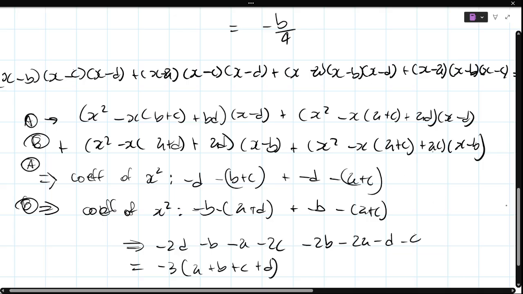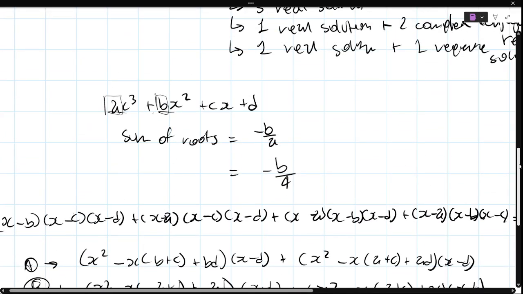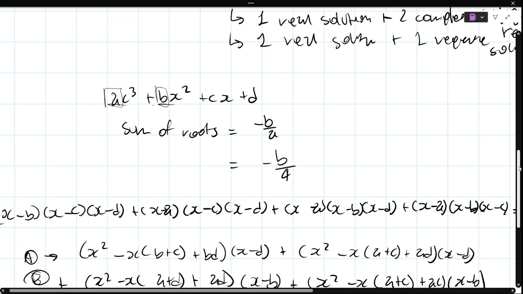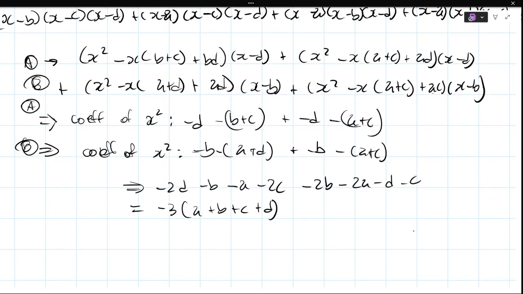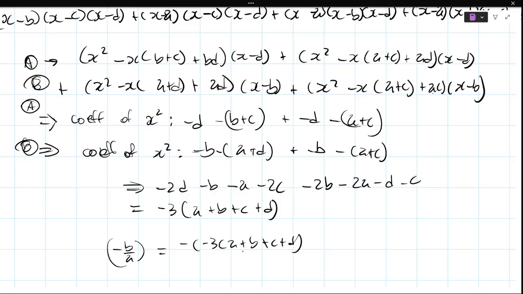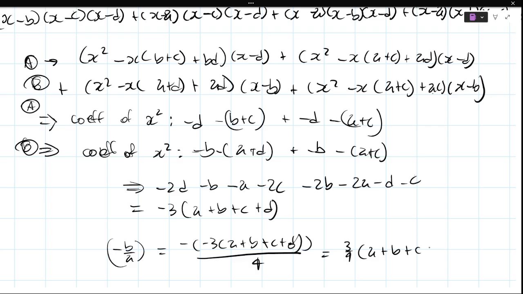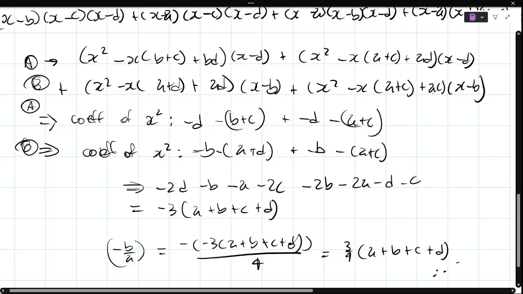Now remember, we are looking for minus the coefficient of x squared over the coefficient of x cubed. Therefore I am going to be left with minus 3 a plus b plus c plus d over 4. The negatives are going to cancel out, and this is the same as 3/4 of a plus b plus c plus d, and hence we have shown as required.